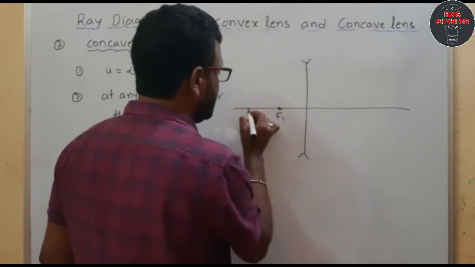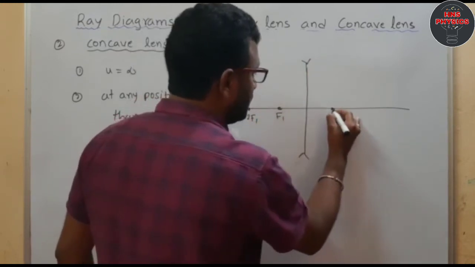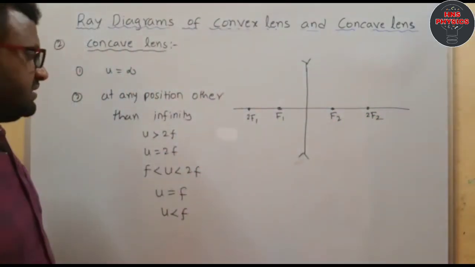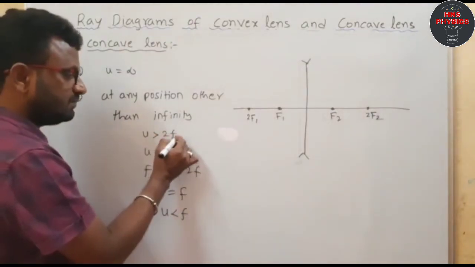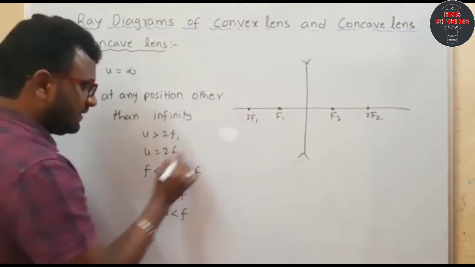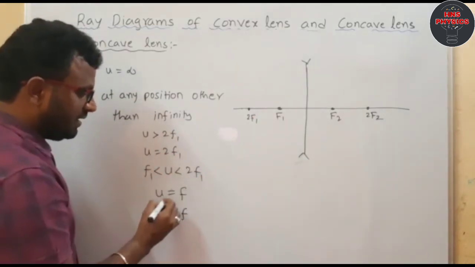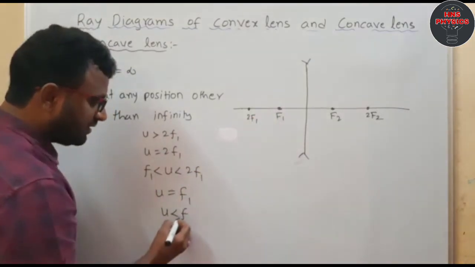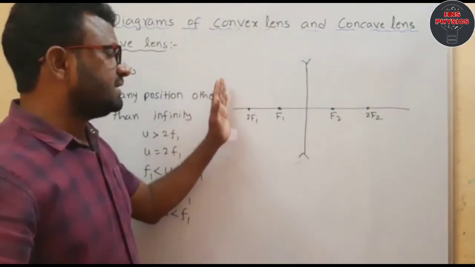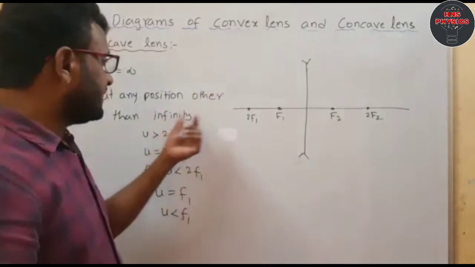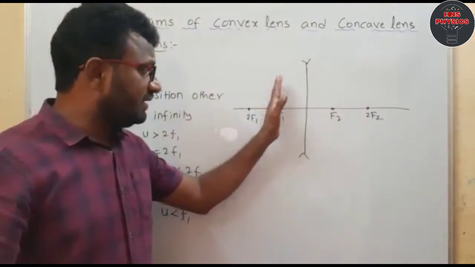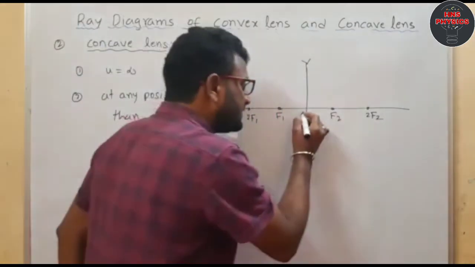F1, 2f1, F2, 2f2. So other than infinity, wherever you place the object, that is u greater than 2f1, or u equal to 2f1, or the object is placed between f1 and 2f1, or at f1, or less than f1, between the optic center and f1.